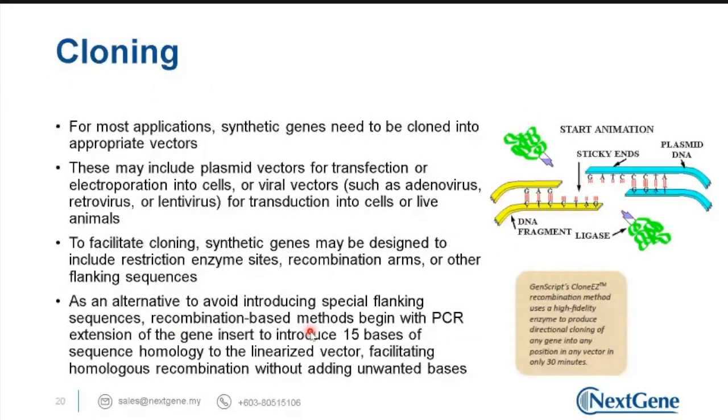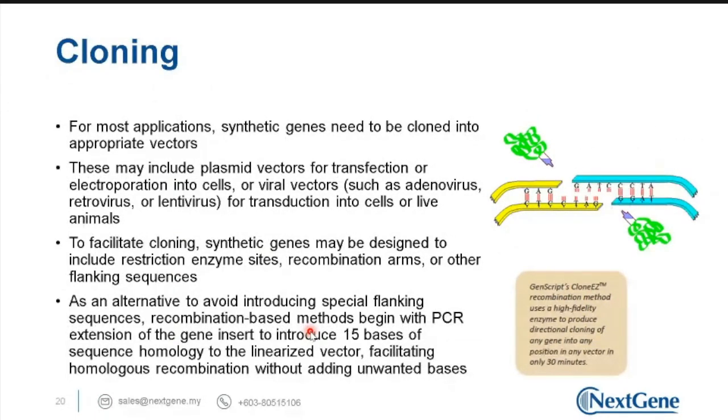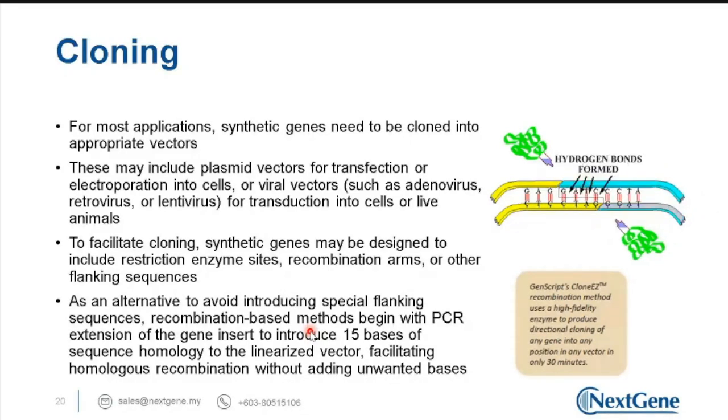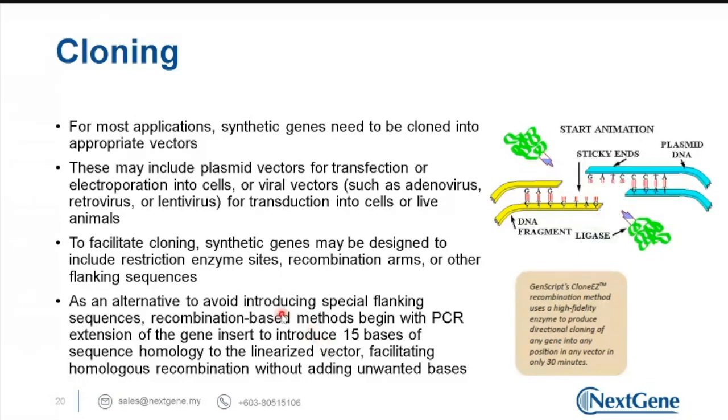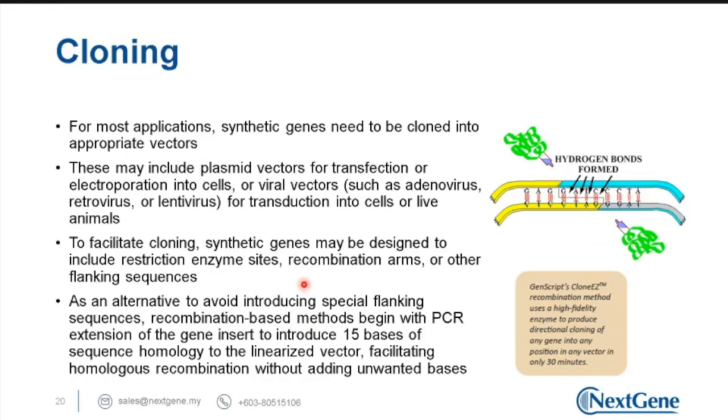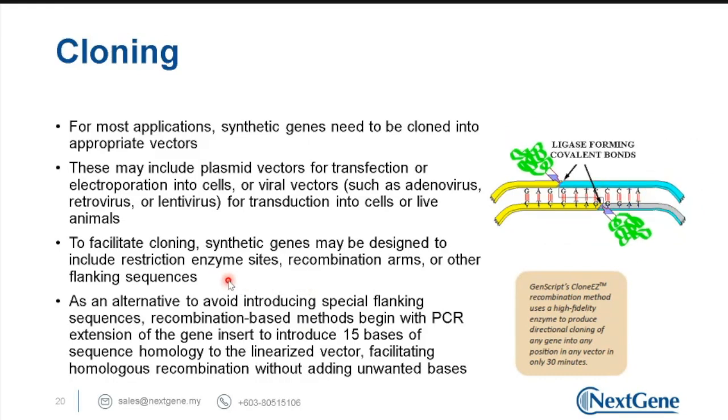Okay, so for most applications, the synthetic gene will be cloned into an appropriate vector. Okay, this may include a plasmid vector for transfection or electroporation into cells. To facilitate cloning, the synthetic gene may be designed to include restriction enzyme sites, recombination arms, and other flanking sequences.